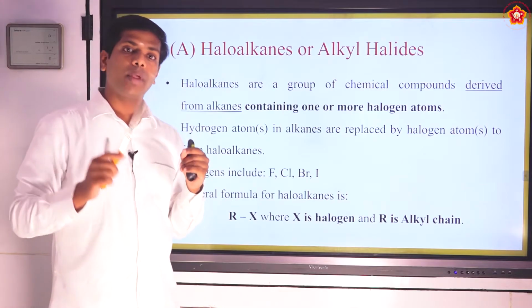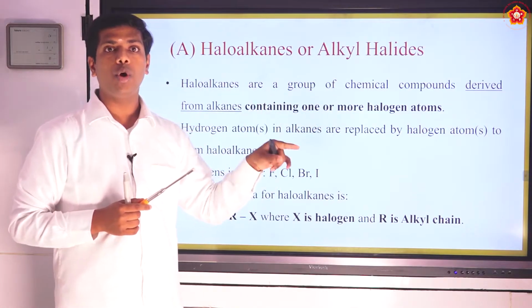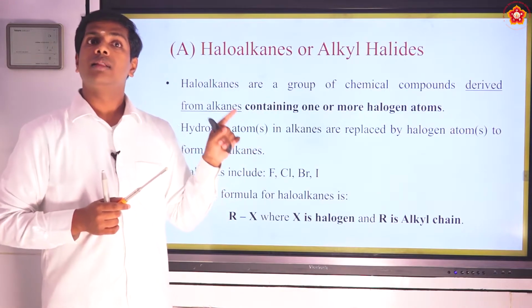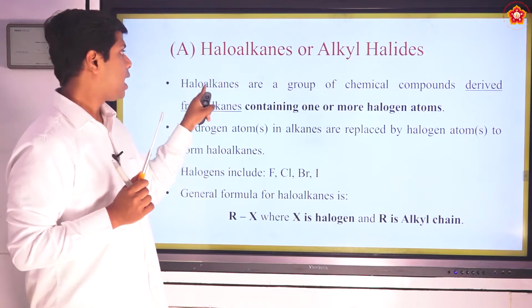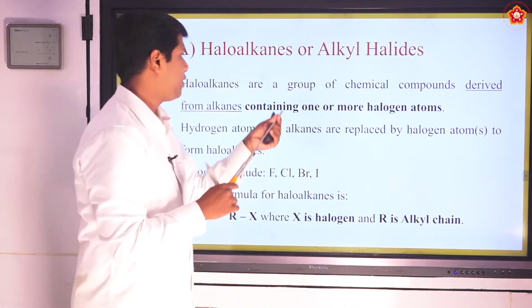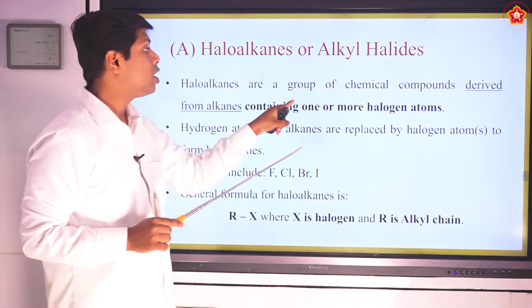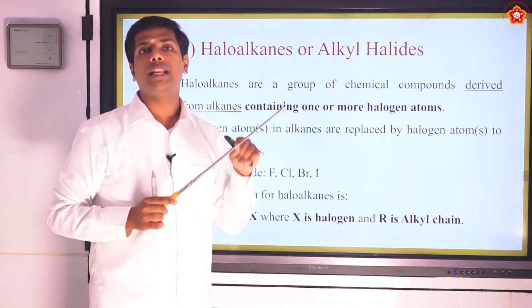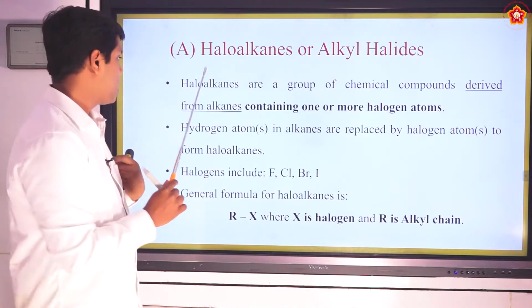Halogens are the 17th group elements in the periodic table, that is chlorine, bromine, fluorine, iodine. So haloalkanes are a group of chemical compounds derived from alkanes but containing one or more halogen atoms.